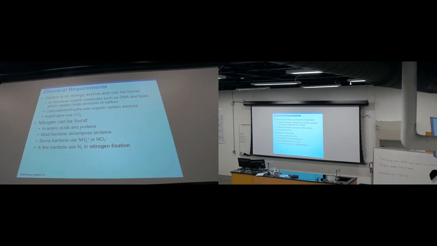Now, nitrogen. Where does the bacteria get the nitrogen? Well, from amino acids and proteins. If you remember, amino acids have nitrogen in them. So we have a central carbon, we have an R group, we have a hydrogen, we have a carboxyl group, and then we have an amino group.